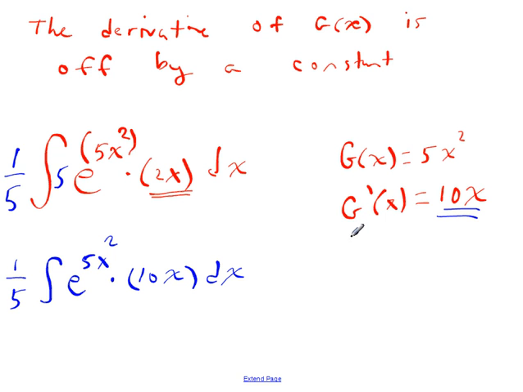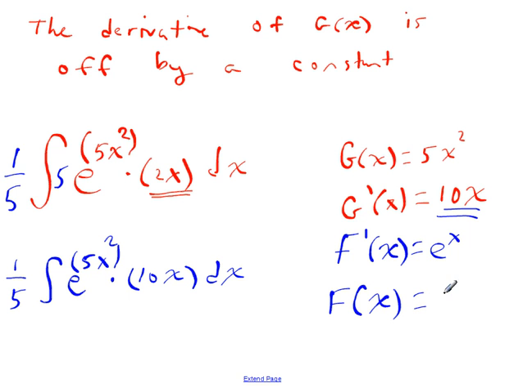Okay, and what would be the outer function in this case, f prime of x? Well, we've got e raised to the something. So our outer function is e to the x. And the antiderivative of e to the x we know is e to the x. So this is falling into our pattern, which we've now spent some time looking at.